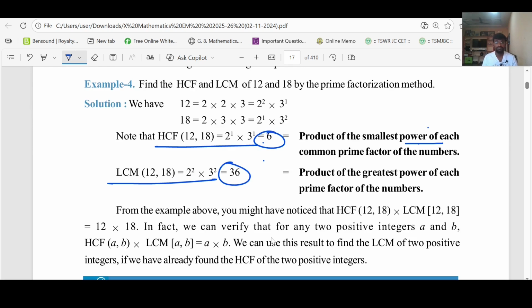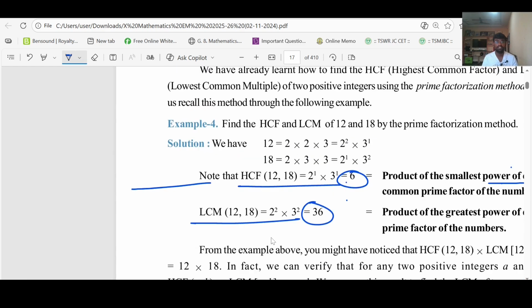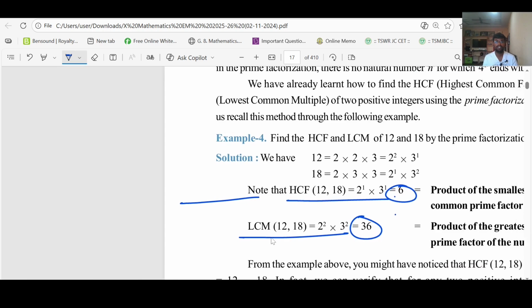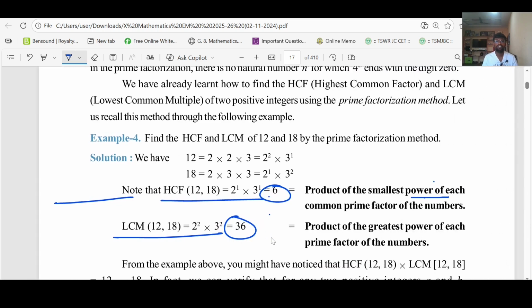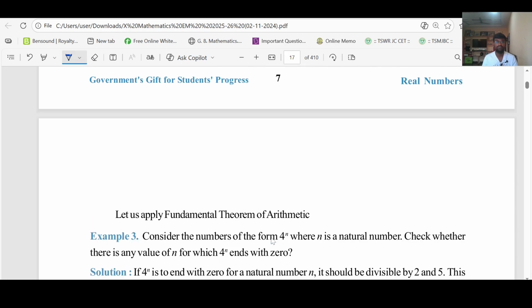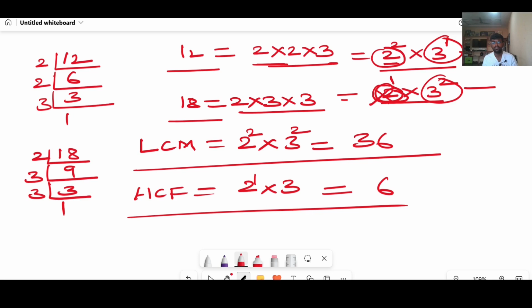And the next one, before that I think we might have forgotten one question, right? We'll see that question. Consider the numbers of the form 4 power n, where n is a natural number. Check whether there is any value of n for which 4 power n ends with a 0, right?